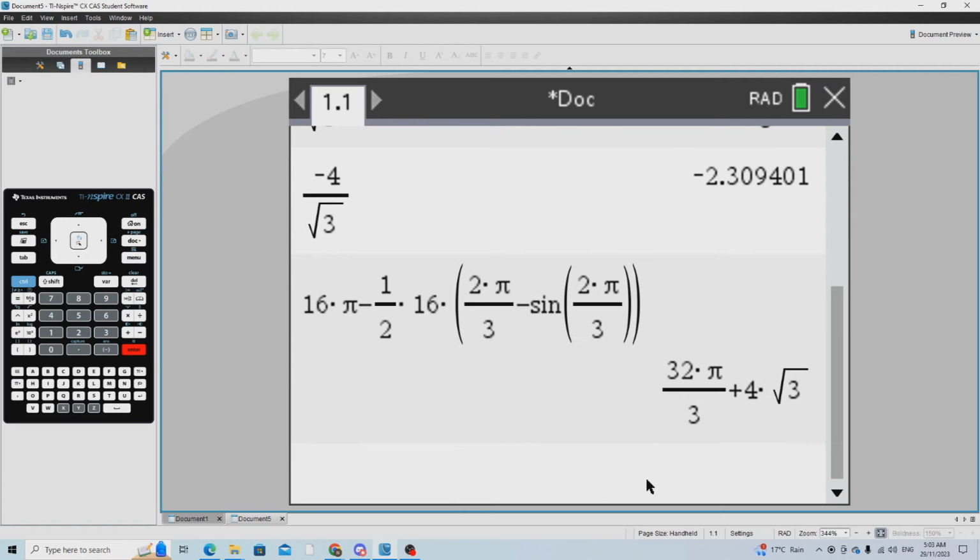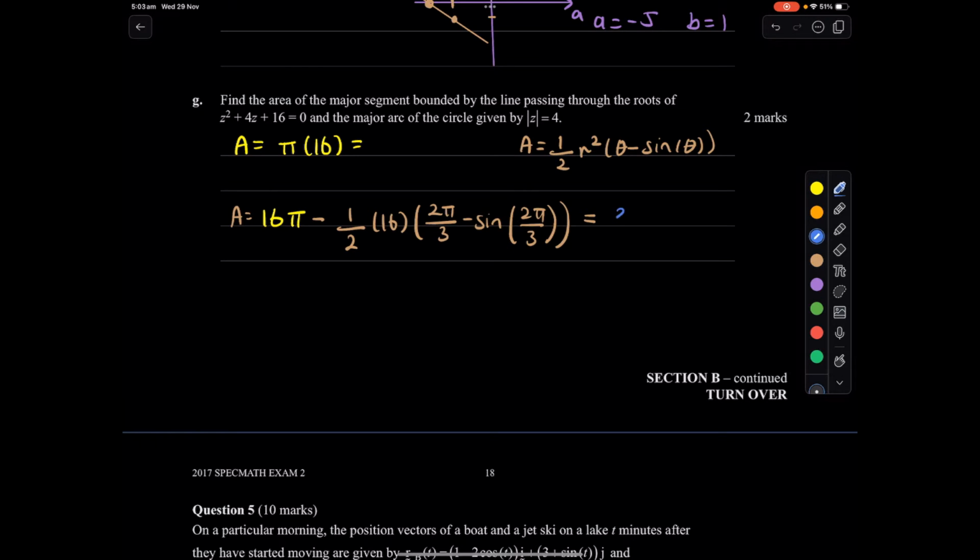Enter, and we get this. It doesn't say to give decimal places, so we have to write the whole expression. That's 32 pi over 3 plus 4 root 3.